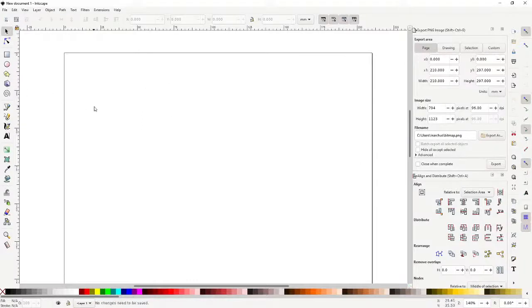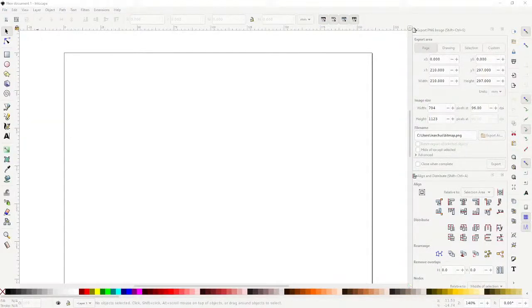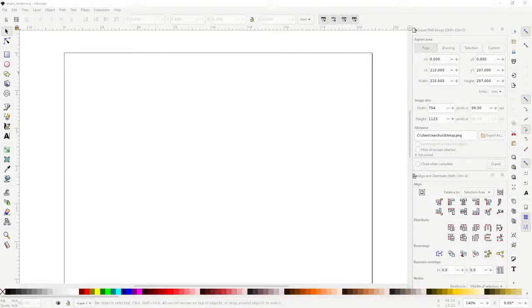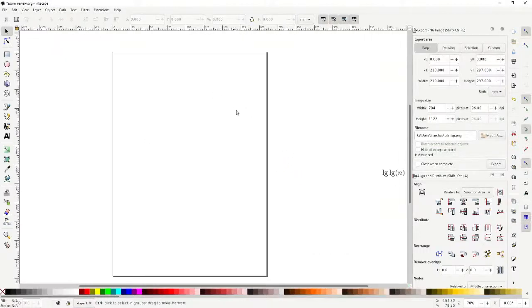Unfortunately, it has a slight instability issue where it will randomly crash sometimes. Okay. So my point here is log n is big O of log n. Okay, almost there. Here we go. So this is what I'm trying to show, right?